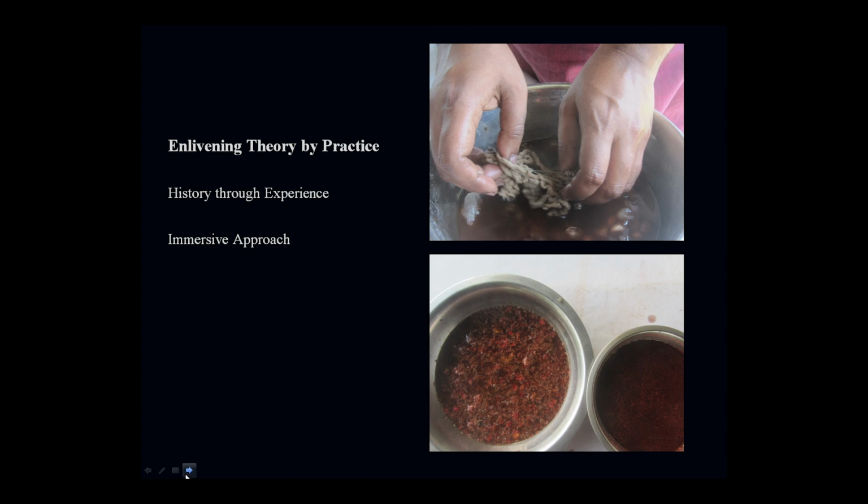So, on one hand, if we do not have exposure to the practice, then we do not really know about the trial and error process, what is involved in practice, what is involved in terms of understanding resistances from the material, resistances from techniques, and also our limitations of knowing.